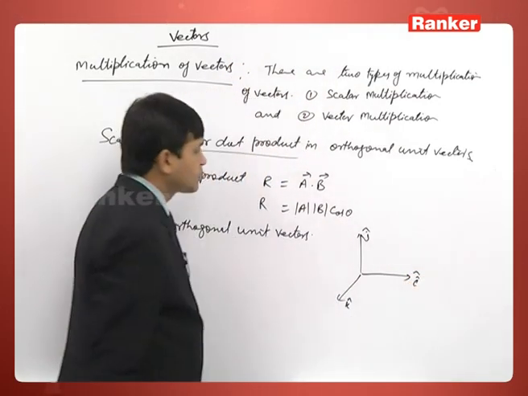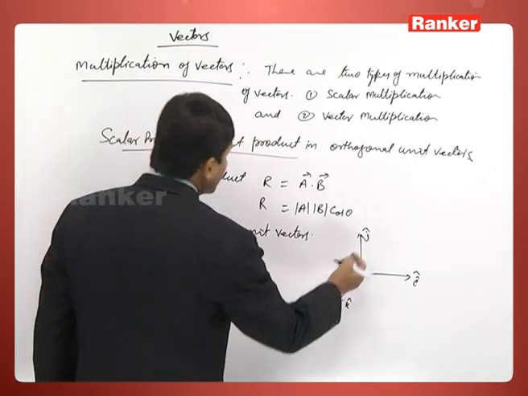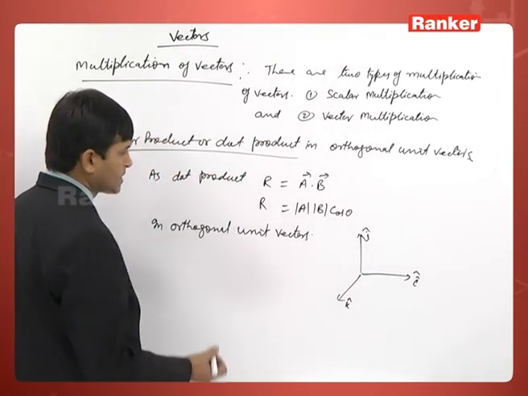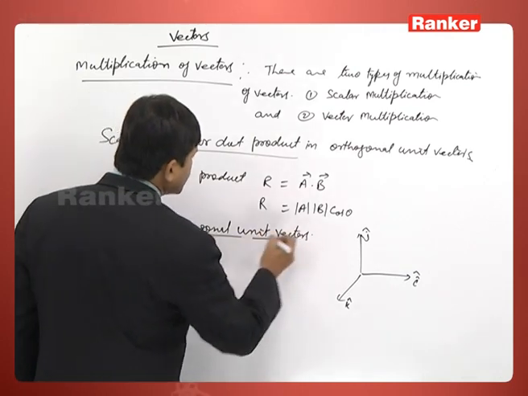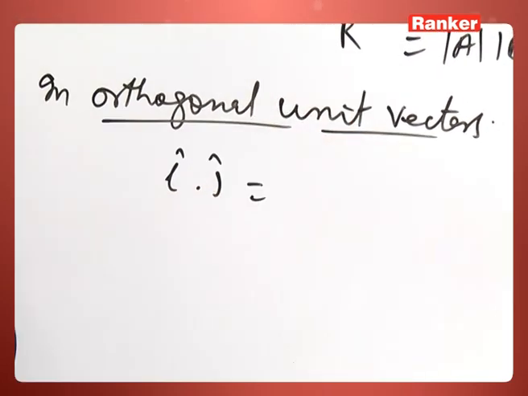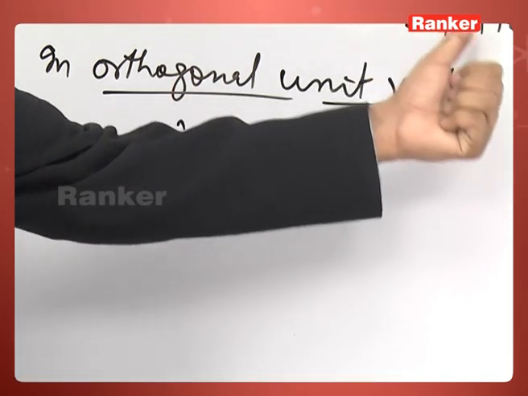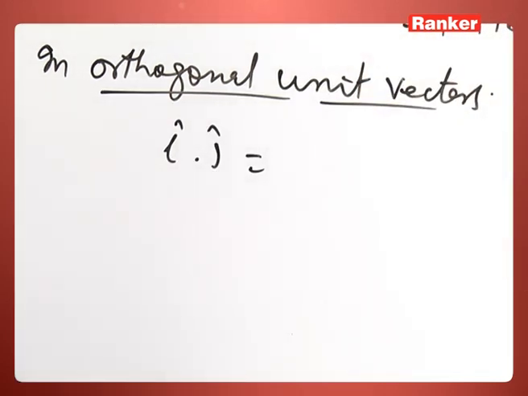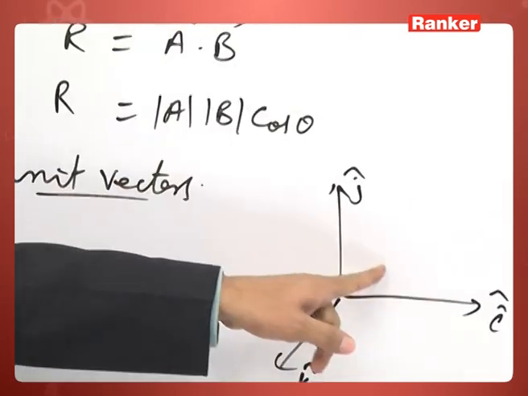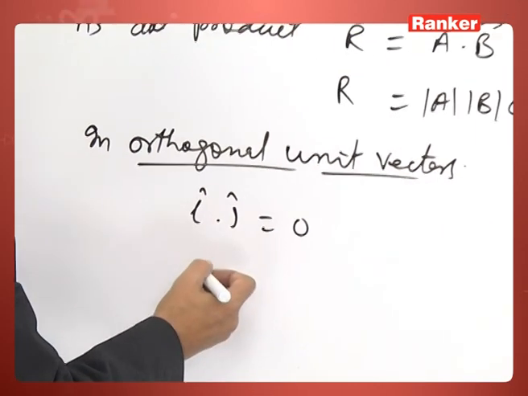So, when we do i dot j, it means modulus of i, modulus of j, and cos theta, where theta is the angle between i and j. The angle between i and j is 90 degrees, so cos theta is 0. So, i dot j is 0.